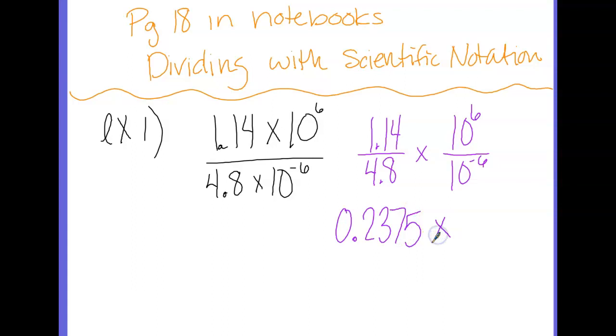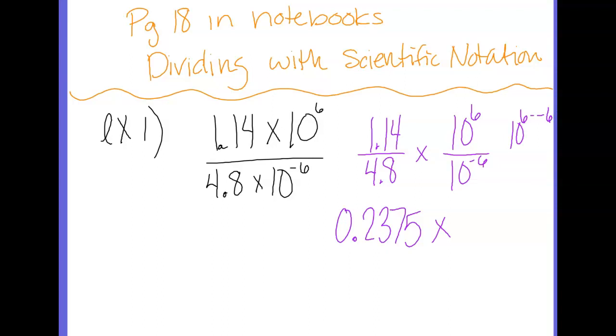And we have that times, what's the rule with our exponents this time? We subtract the exponents because now it's a quotient of powers. So I have 10 to the 6th minus a negative 6. Some of you would say the answer is 0. You are wrong.